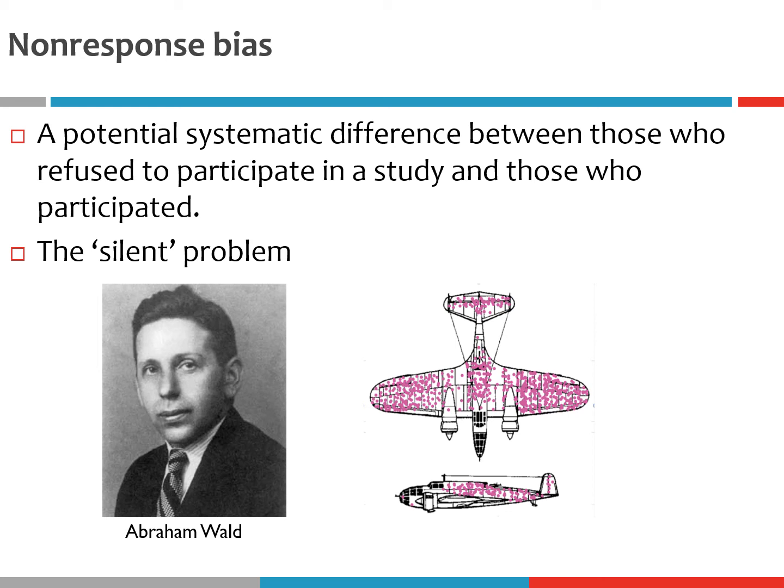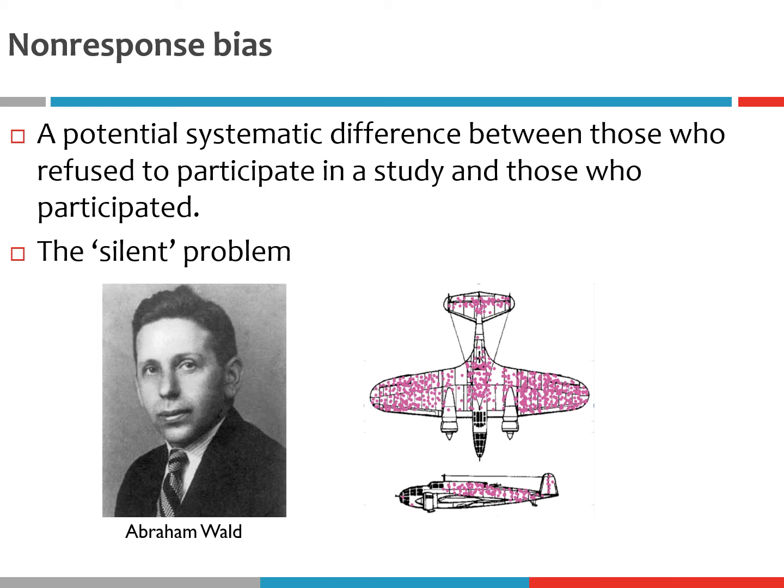If a plane comes back and survives with numerous bullet holes in the wings, right, but no bullet holes on the sort of middle area of the plane, or the areas in white there, right? What that suggests is that it survived because that particularly vulnerable area wasn't destroyed by bullets, right?